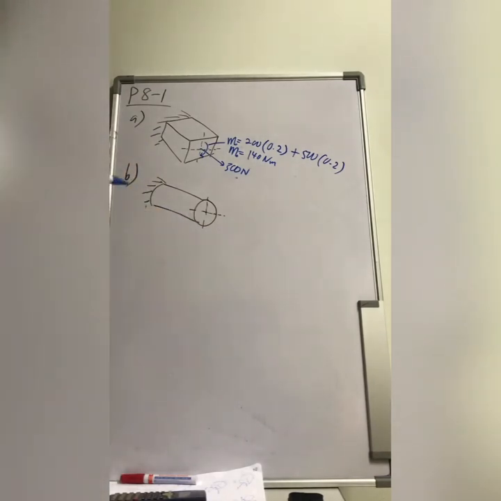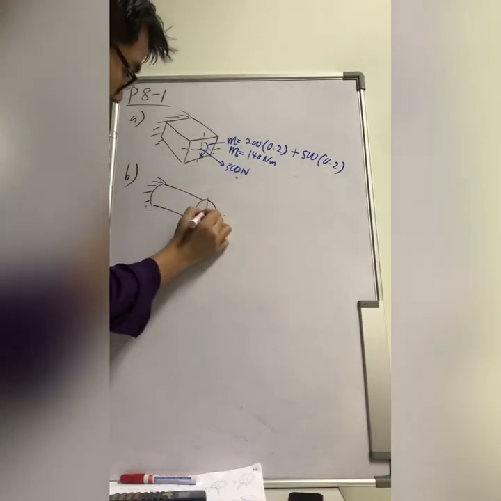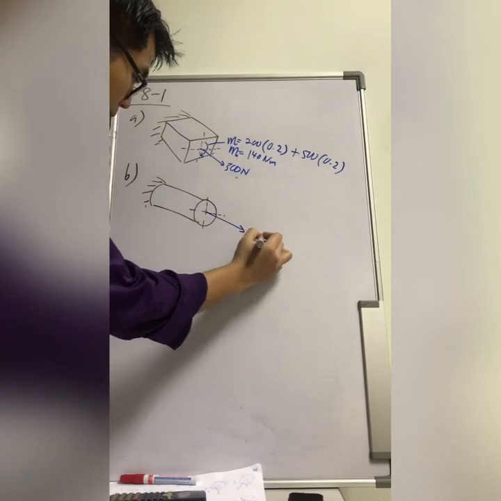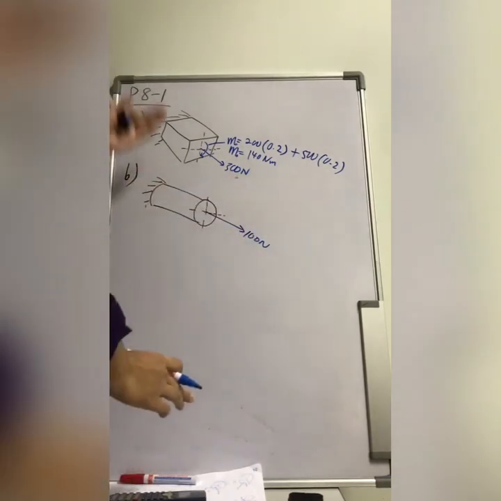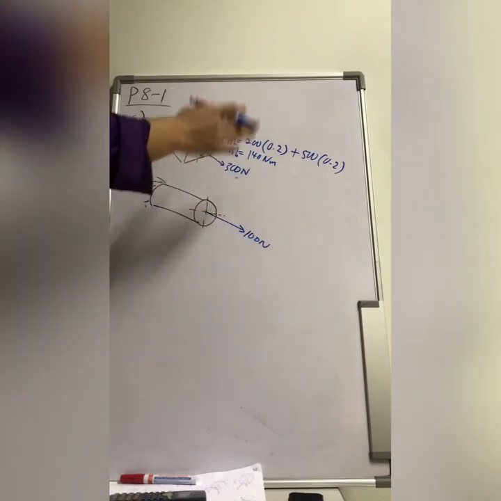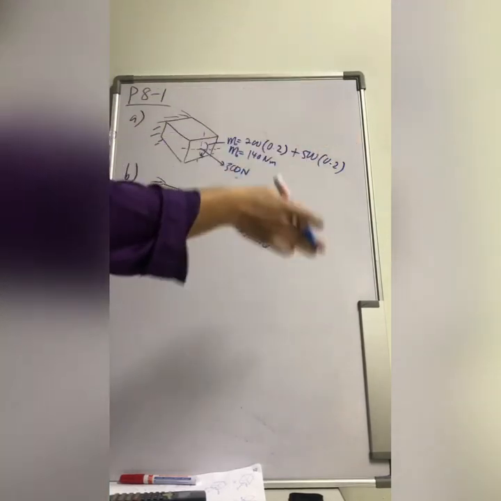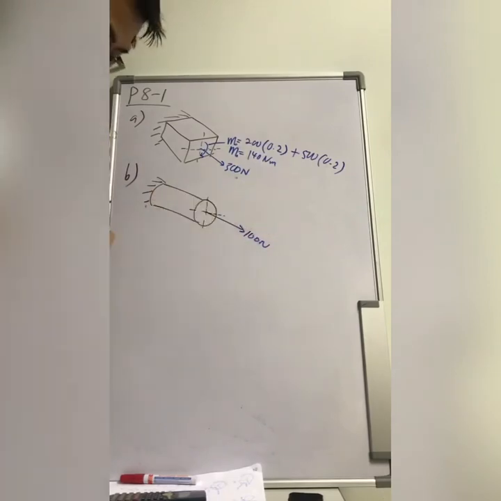The first one is the internal loads, like this 100 Newton, same as what you have on the right hand side, the other end, 100 Newton.